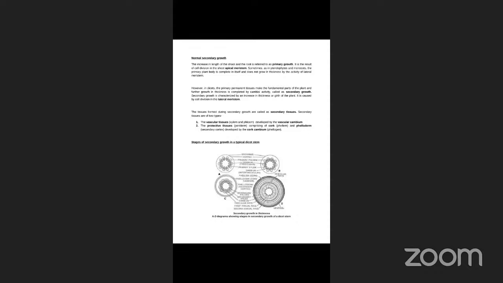There is also a new topic here, wood structure and properties. This type of wood is developed by vascular bundles, and it gives different types of quality wood: heartwood, sapwood, commercial wood.